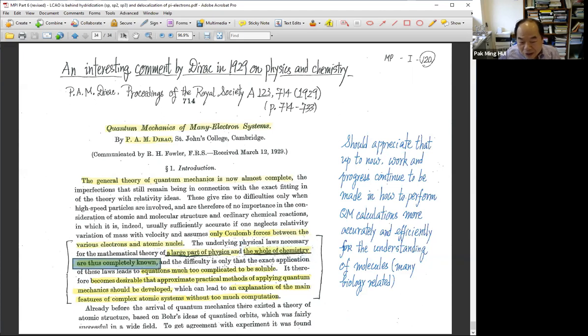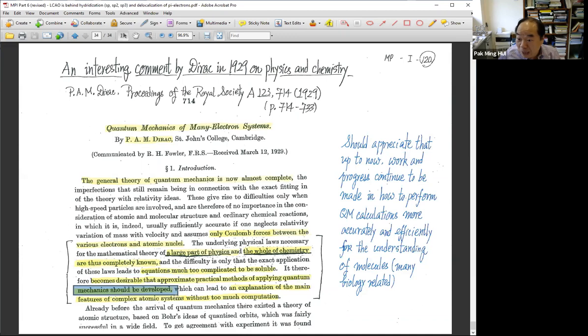And the difficulty is only that the exact application of these laws leads to equations much too complicated to be solvable. So what remains to do? It therefore becomes desirable that approximate practical methods of applying quantum mechanics should be developed.